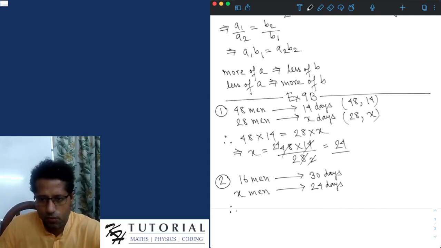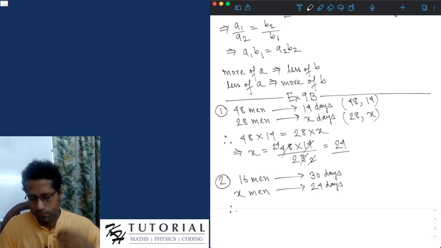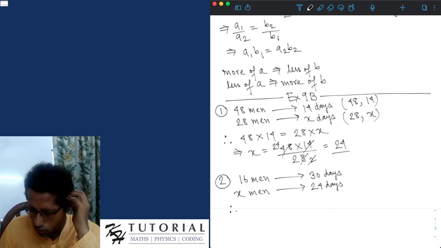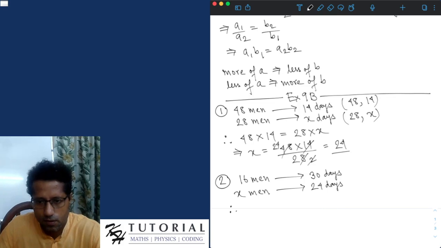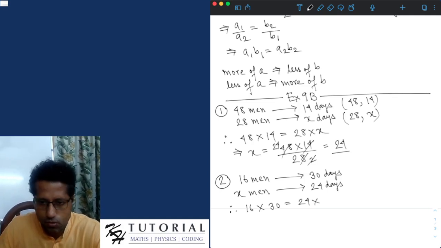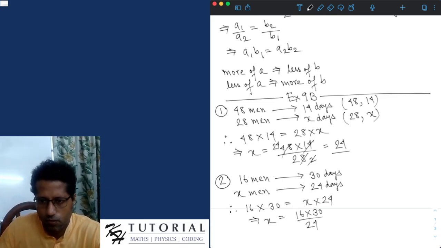So now we know that the product of the values of the quantity A and B remains constant. So we can say that 16 into 30 will be equal to X into 24. This implies X equals 16 into 30 divided by 24.